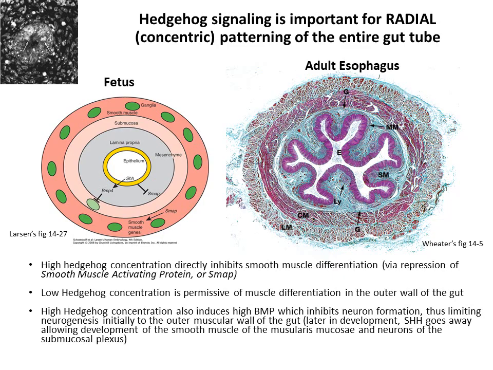High hedgehog concentration also induces high bone morphogenic protein, which inhibits neuron formation and thus limits neurogenesis initially to the outer muscle wall of the gut, and later allows the development of the smooth muscle of the muscularis mucosa and the neurons of the submucosal plexus. I hope that's clear.